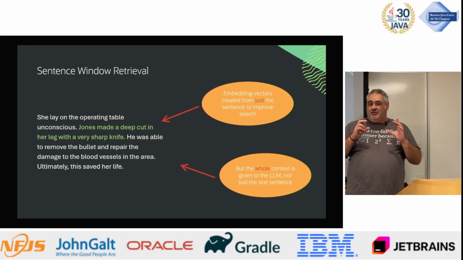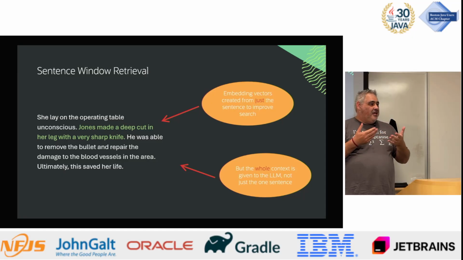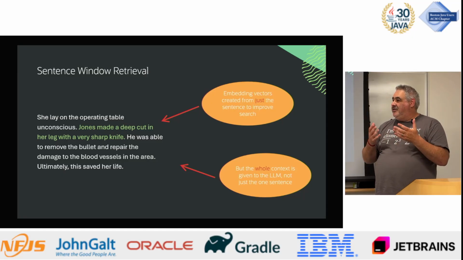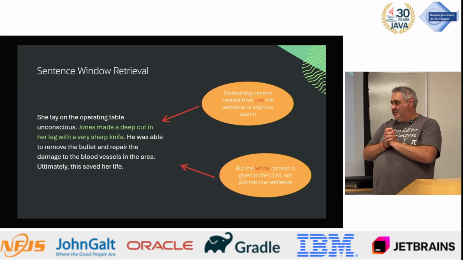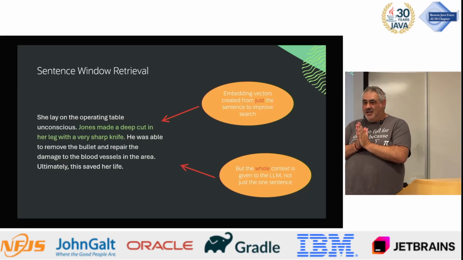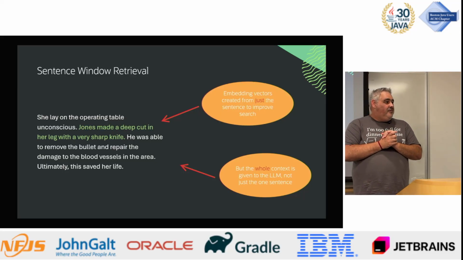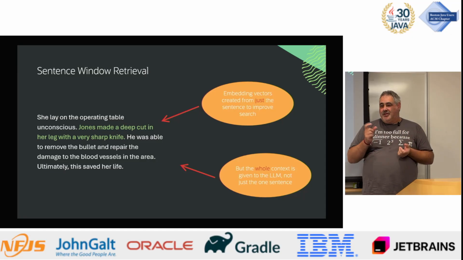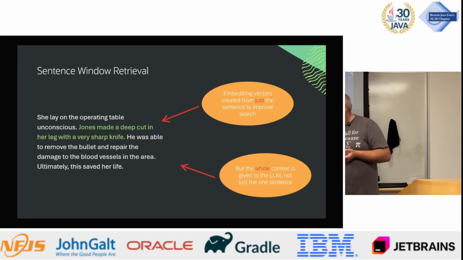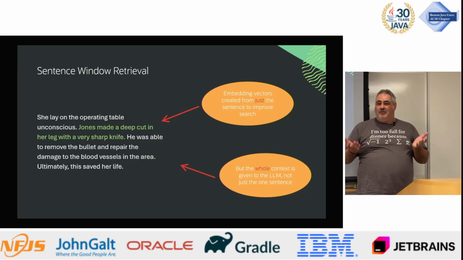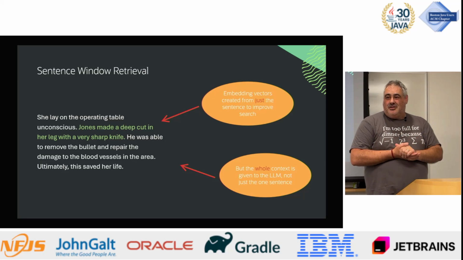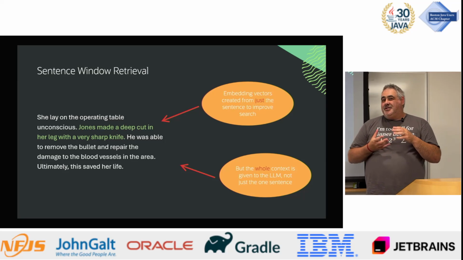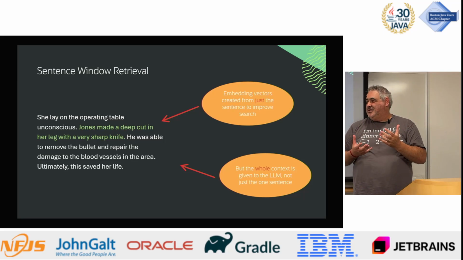The idea is that you get very specific meaning, so when you do a similarity search, you find things that truly are similar to that one sentence. But when you give the result to the LLM, you don't just give it the sentence; you give it the whole paragraph or whatever was around that sentence, so the LLM has much more meaningful context to understand what's happening.